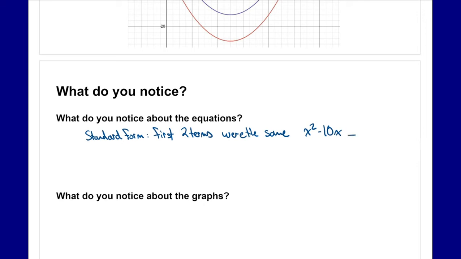But those first two terms were all the same. In the vertex form, you might notice that the h value in the bracket was the same in all of them.